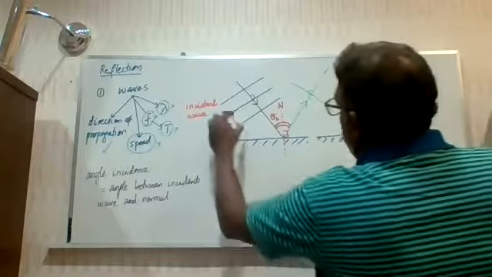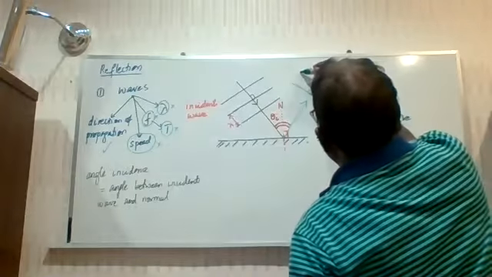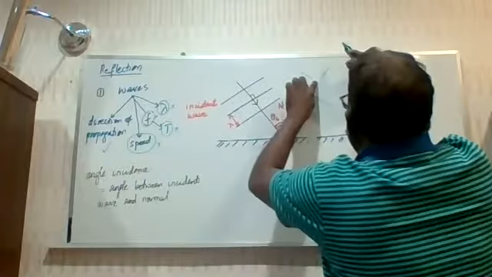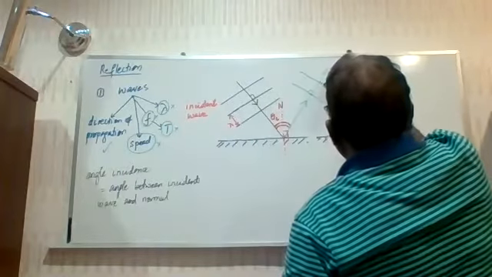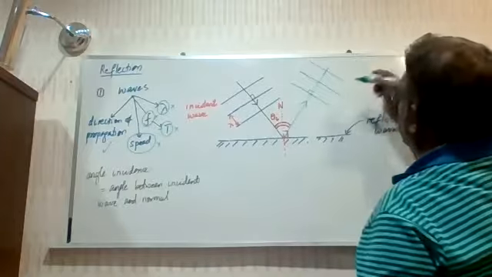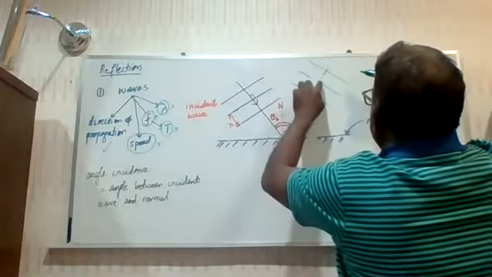Lambda must be the same, so roughly the same distance. In an actual exam, please measure the distance. I'm using freehand sketching, roughly like that. Okay, that's my lambda, so this one is a little bit off.